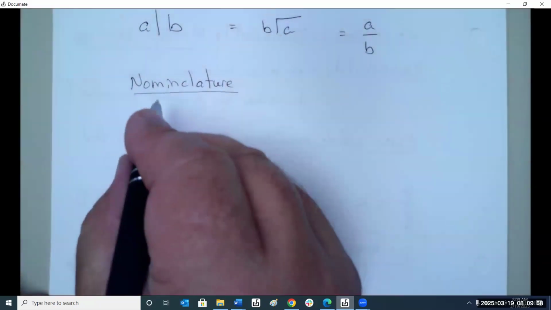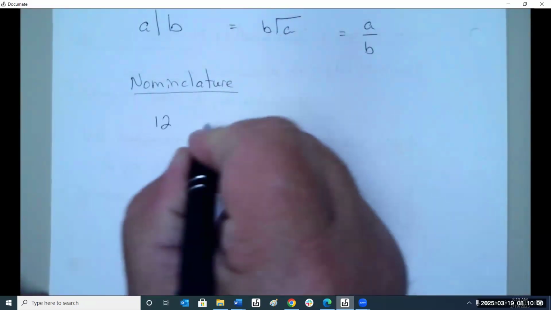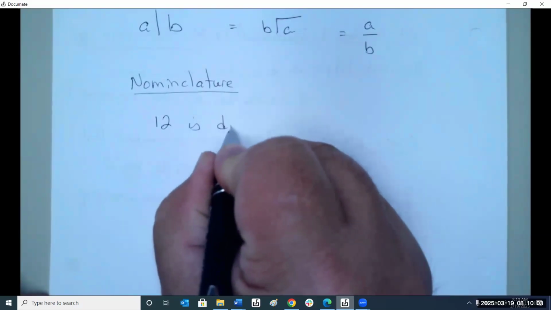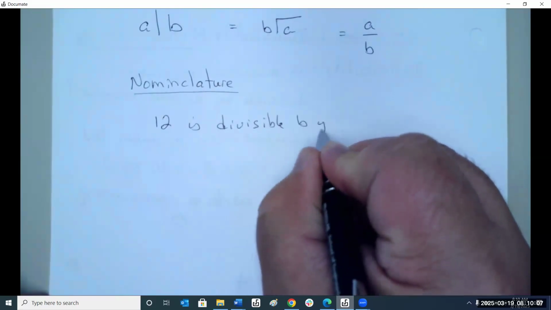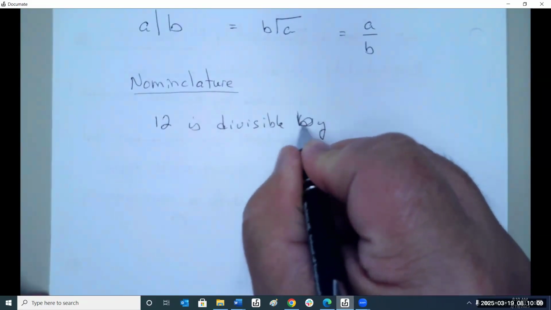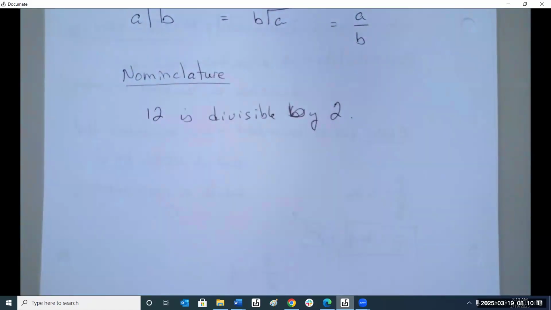For example, if we say that 12 is divisible by 2, what does that mean? No, that's not what it means.